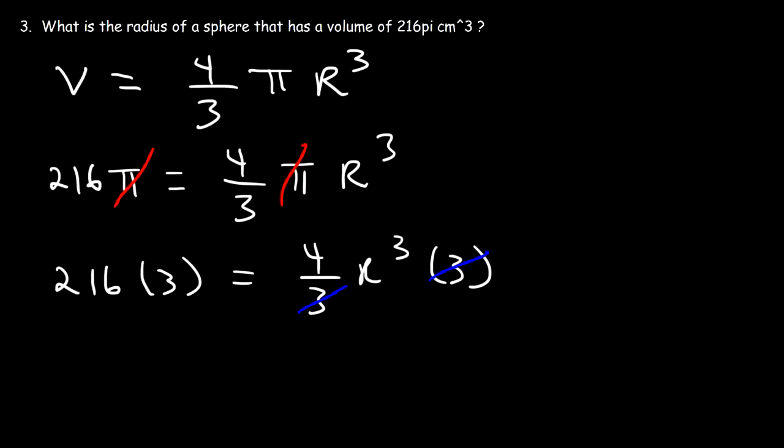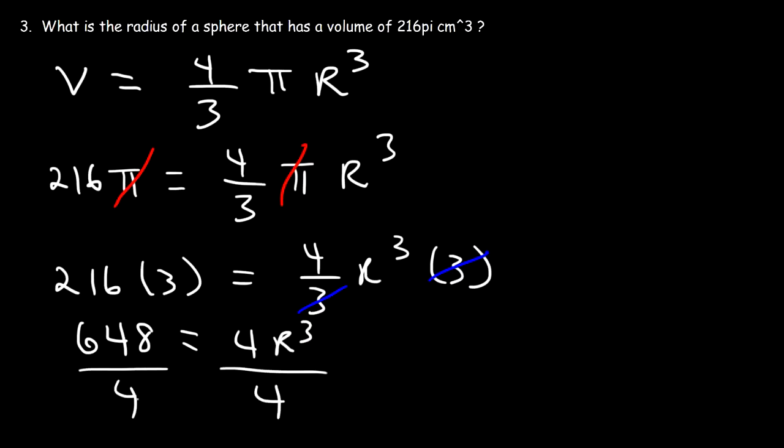Now, 216 times 3. We know that 200 times 3 is 600, and 16 times 3 is 48. So this is going to be 648. That's equal to 4 r cubed. Now, let's divide both sides by 4. 600 divided by 4 is 150, and 48 divided by 4 is 12. So if you add 150 and 12, you should get 162. So 162 is equal to r cubed.